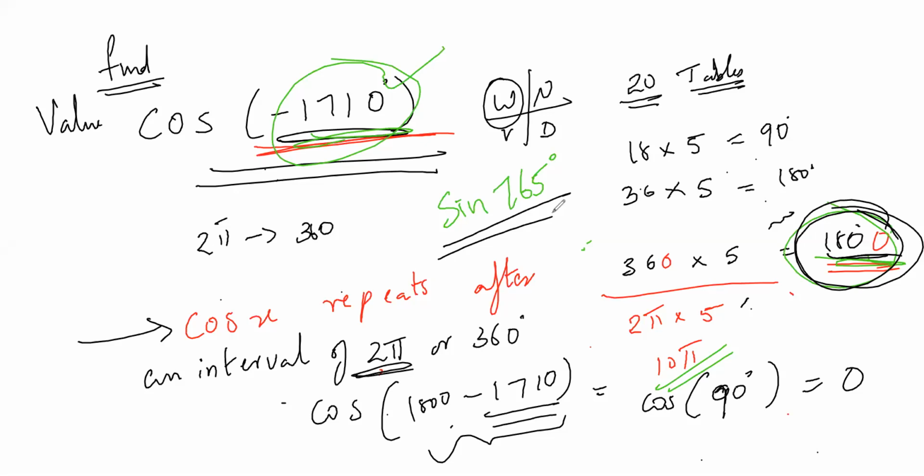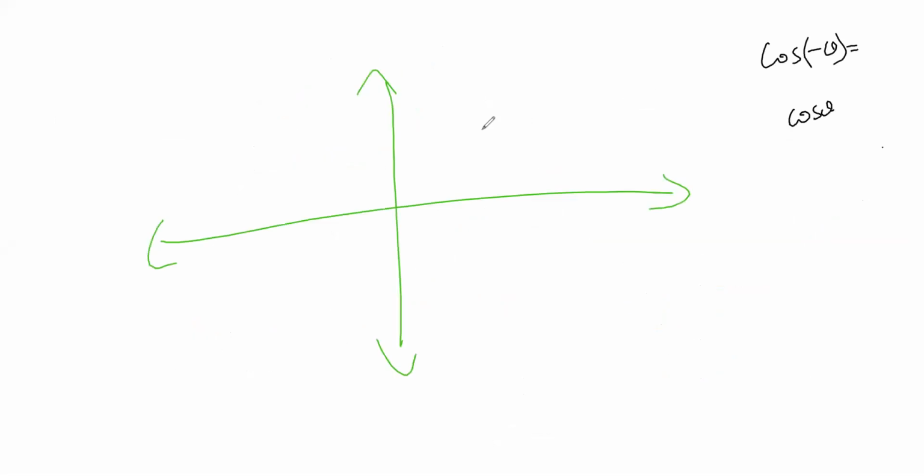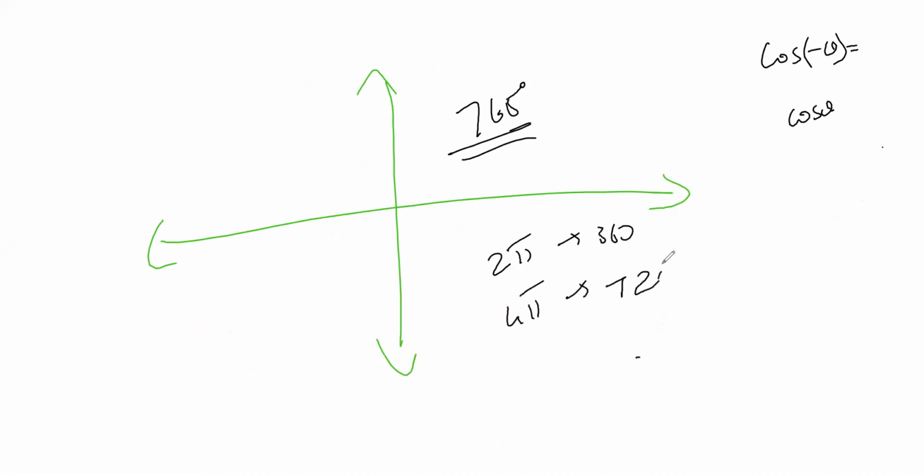So I want you to attempt this question. What is the answer? Sine 765 degrees. So guys, again, this 765 degrees: if you take 2 pi, it is 360. If it is 4 pi, what is it? 720, correct. 720 plus what will give me 765? 720 plus 45 degrees.